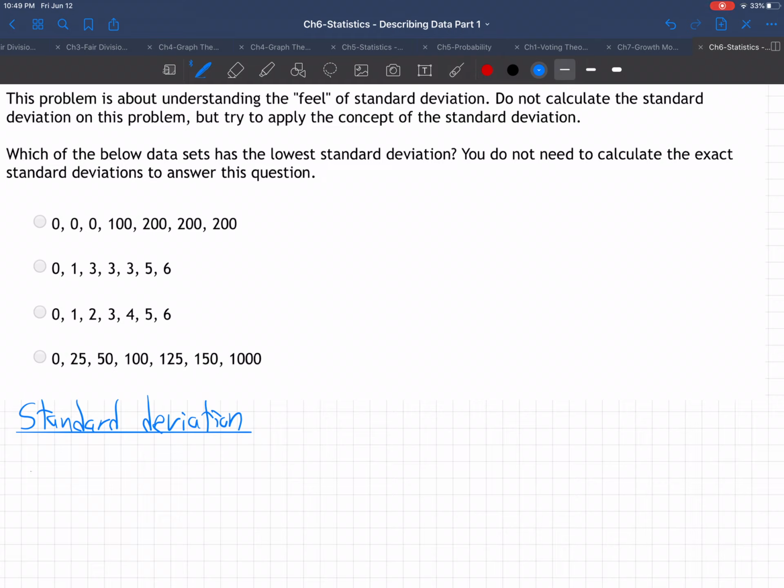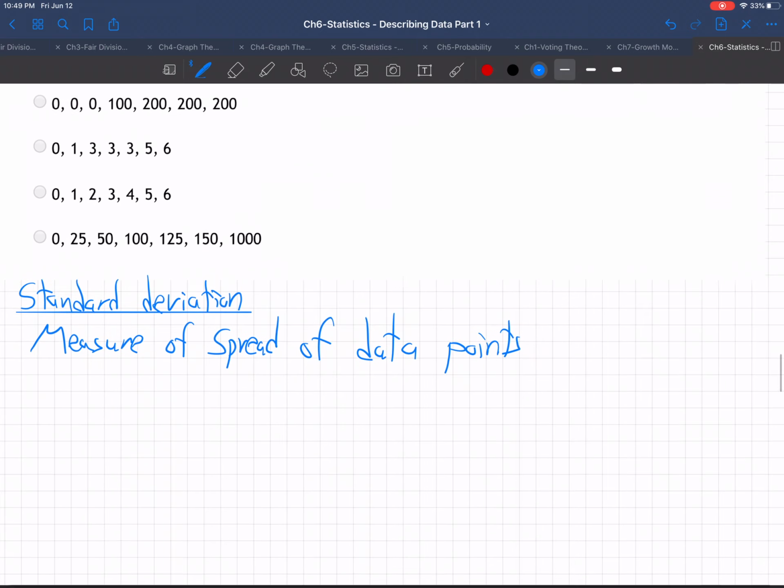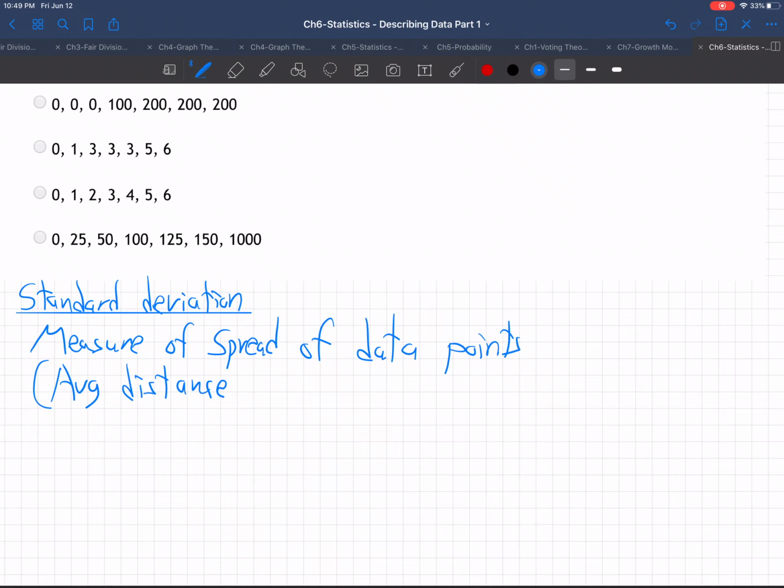Standard deviation is a measure of the spread of data points. It's what it technically is. It's the average distance of the data points from the middle.